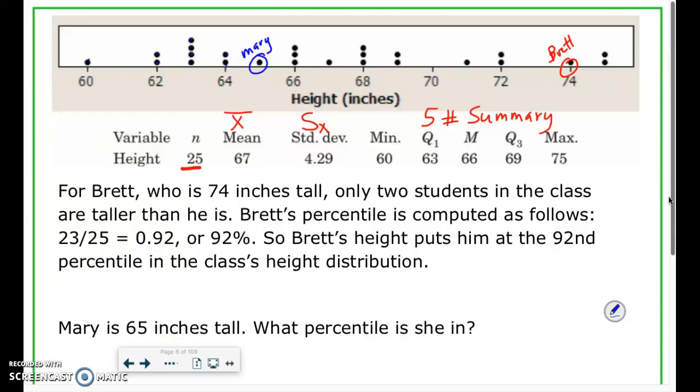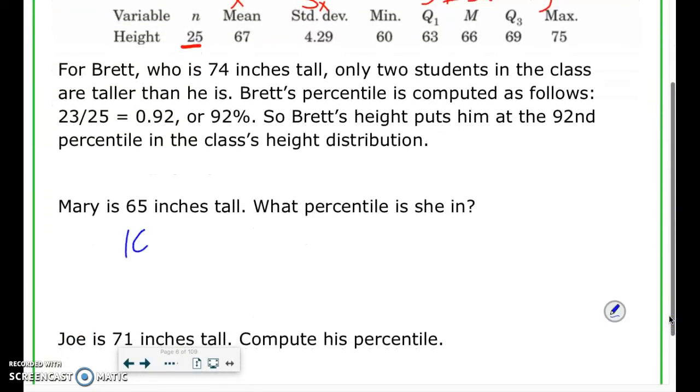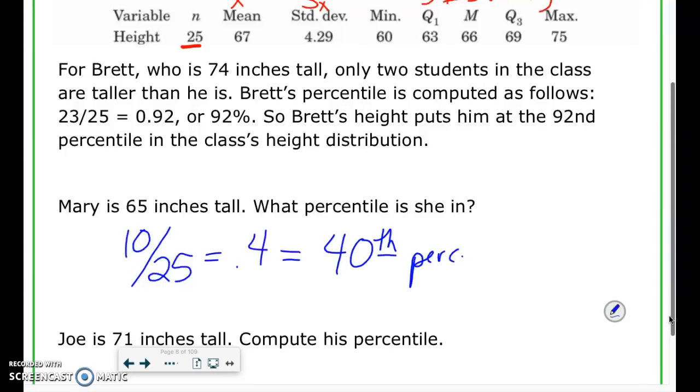So she's in the 10th position out of the 25 students who were surveyed. And what does that give you? If you calculate it in your calculator or simplify it, you'll see it's 0.4. So that means she's in the 40th percentile, which means 40% of the other students are the same height as her or less.